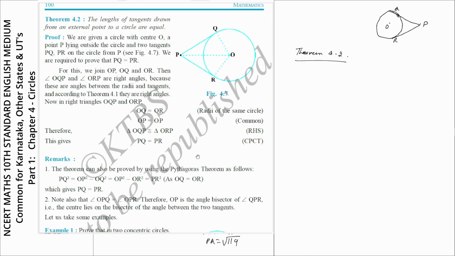So as I told you just now, from an external point we can draw only two tangents to a given circle. Now I'll consider the circle centered at O and let the external point be P. Now I'll draw two tangents.